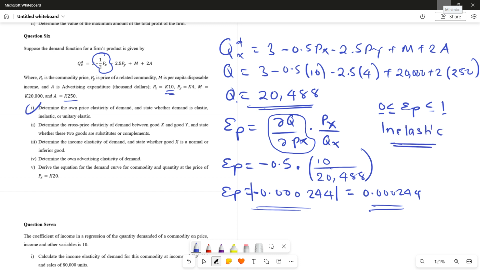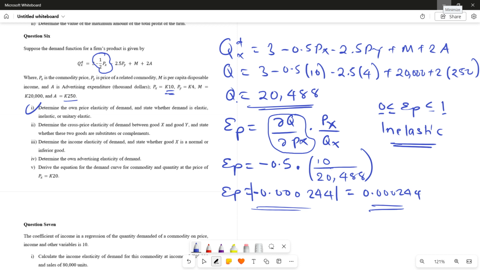Now what does this mean? This means that the demand for this particular commodity does not respond to changes in price. In short, an increase in the price of this particular commodity will not reduce demand.